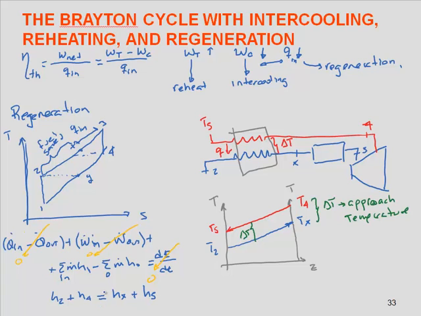So we notice that we have two unknowns, Hx and H5. So we need some other information, and we're gonna use a figure of merit of how good this heat exchanger is, and we're gonna call that effectiveness.